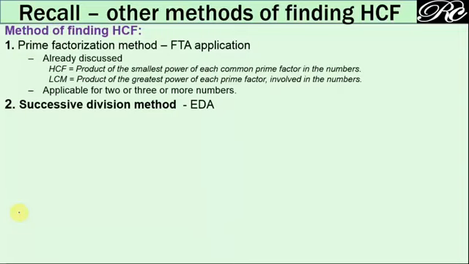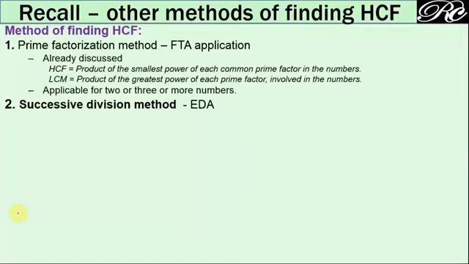HCF by the prime factorization method is calculated by taking the product of the smallest power of each common prime factor in the numbers, while the LCM is calculated by taking the product of the greatest power of each prime factor involved in the numbers. This we have already learned.